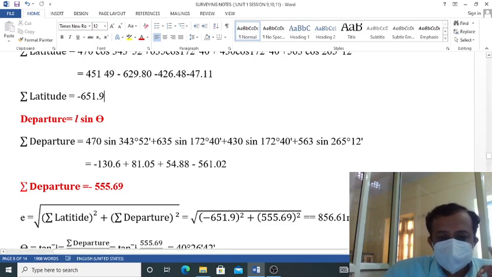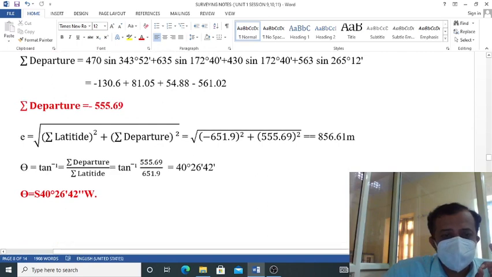Then the closing error E is given by square root of sigma latitude square plus sigma departure square, which is minus 651.9 whole square plus 555.69 whole square. It comes to around 856.61.